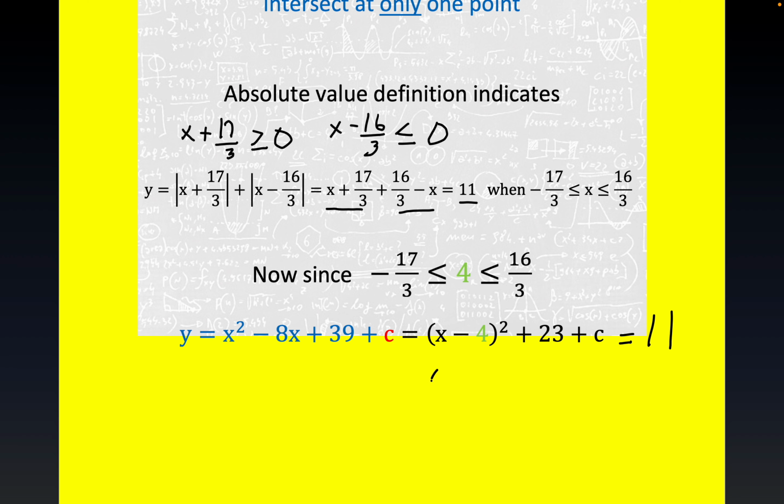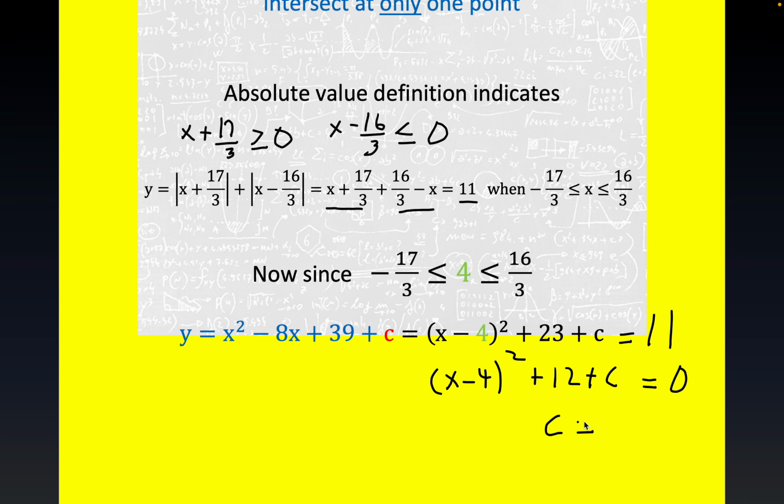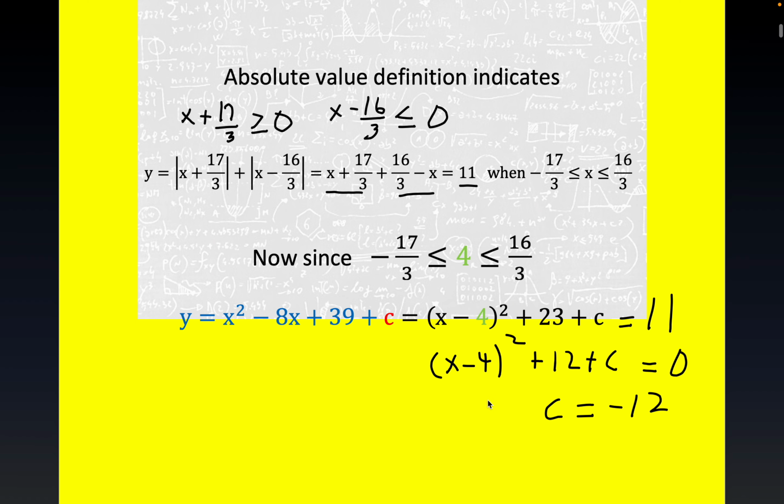We get (x minus 4) quantity squared plus 12 plus c has to equal 0. And this, of course, implies that c has to be equal to negative 12. So the value of c is negative 12, and of course x is equal to 4.